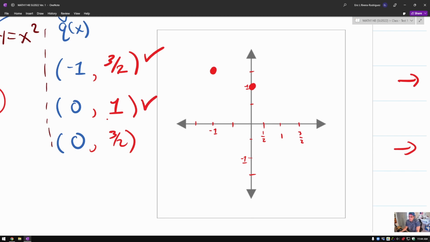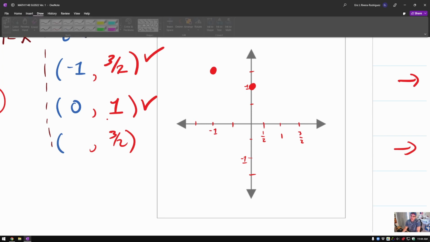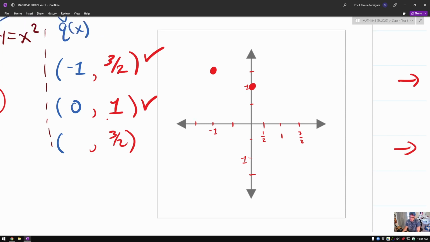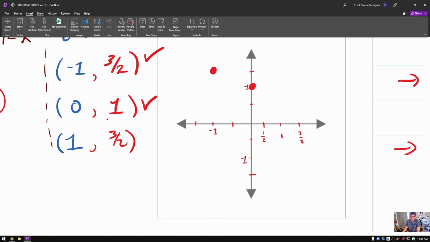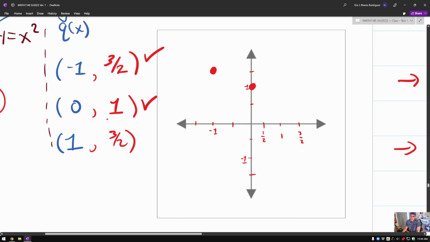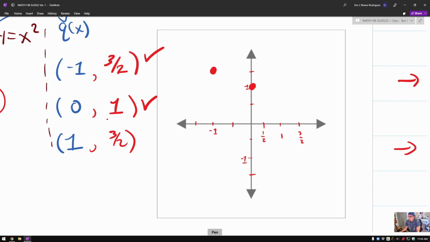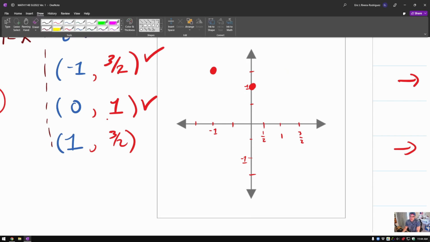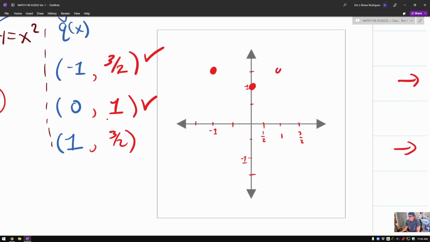And then we have, this one is, sorry, that was incorrect. That is supposed to be positive 1. Positive 1. Remember that the x coordinates are not affected. Okay. And then 1 and 3/2. This one. 1 and 3/2.